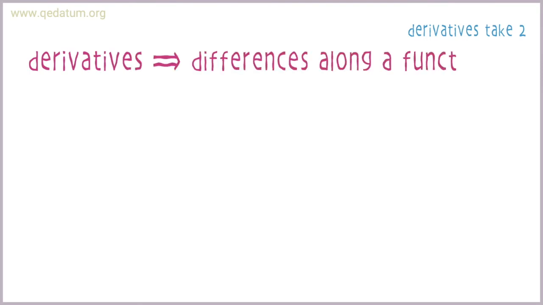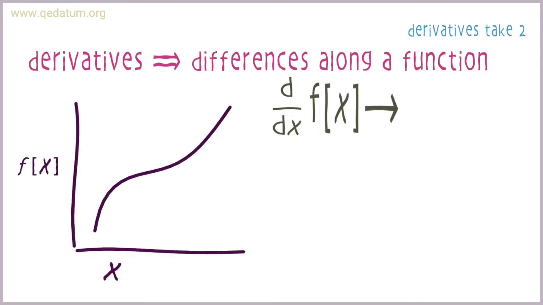Okay, let's jump back to Calc 1 and re-look at derivatives as differences along a function. Although this is not how derivatives are typically introduced, that is what they are. Let's take our function, and I will use the somewhat common notation del sub x to indicate derivative with respect to x.